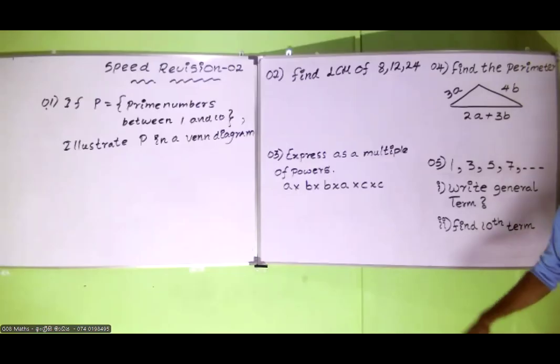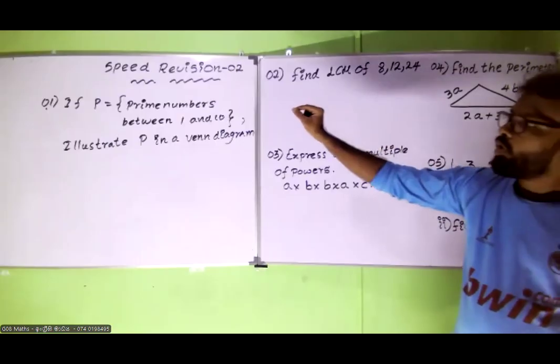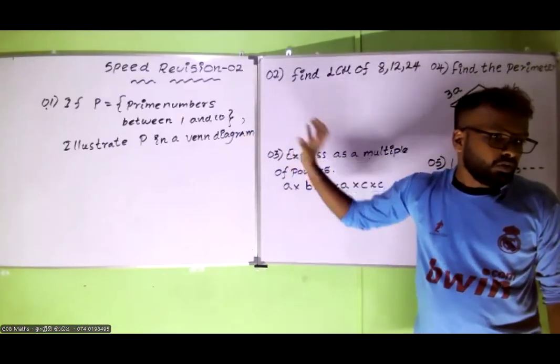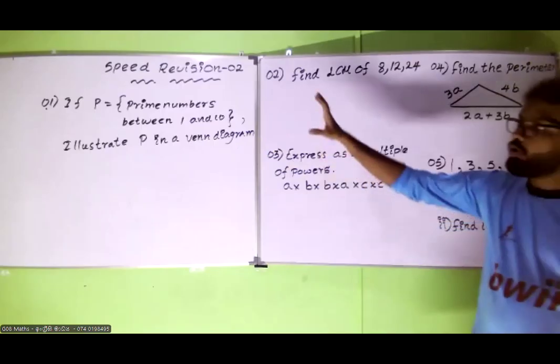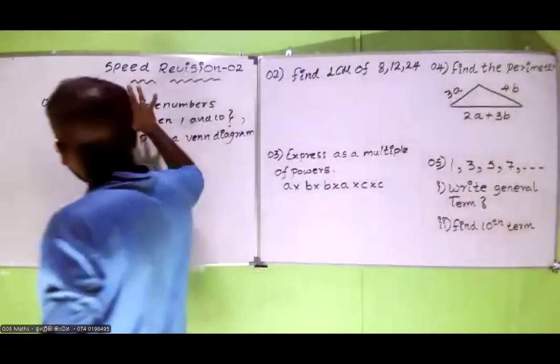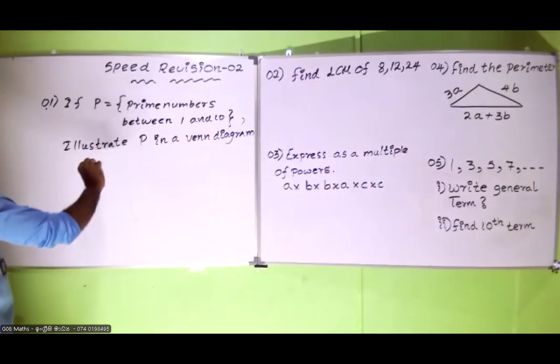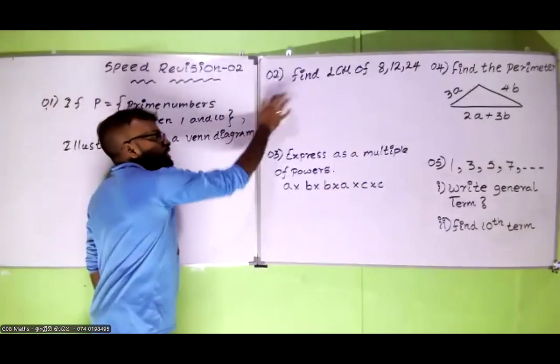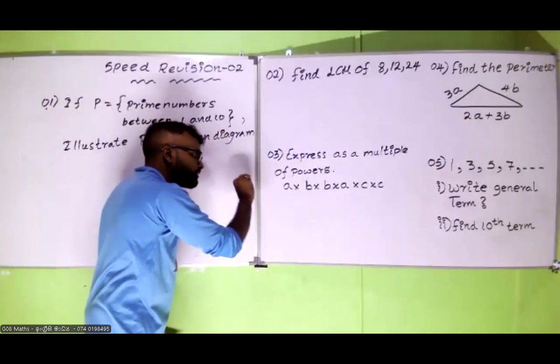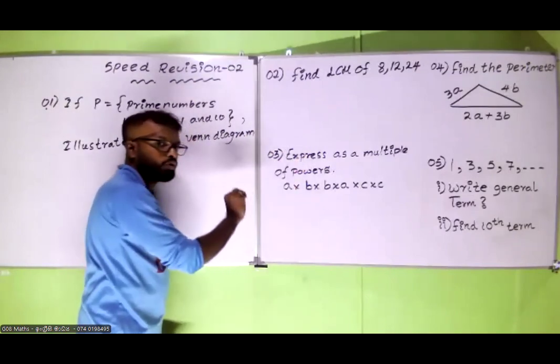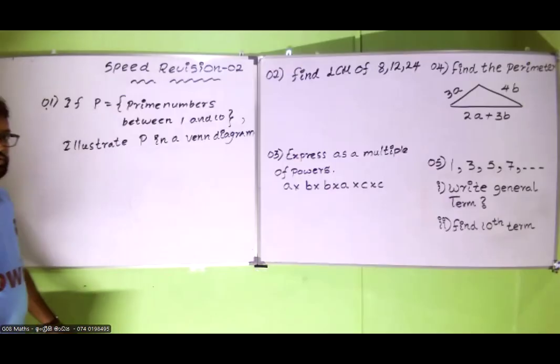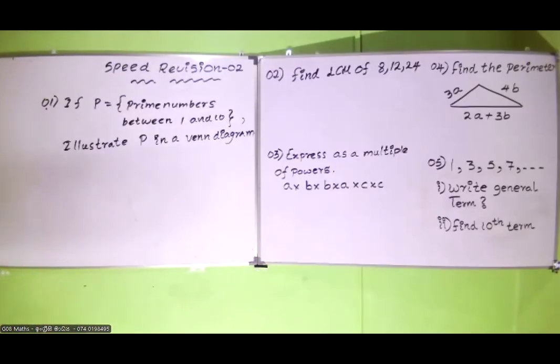1.5 minutes. If you do not know the answer for a particular question, don't waste your time on that. If you do not know the first question, skip and move to the second one. If you do not know, skip, move to the third one, and so on. This is the place where you can find your weaknesses, and then you can pay more attention on those points.